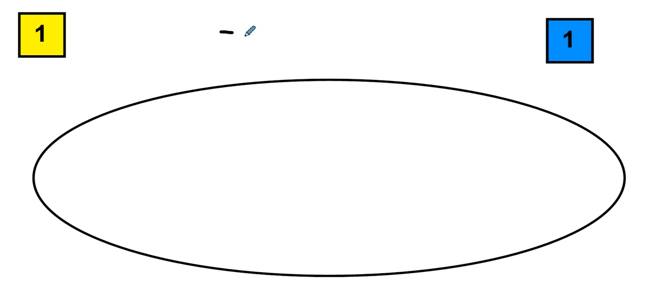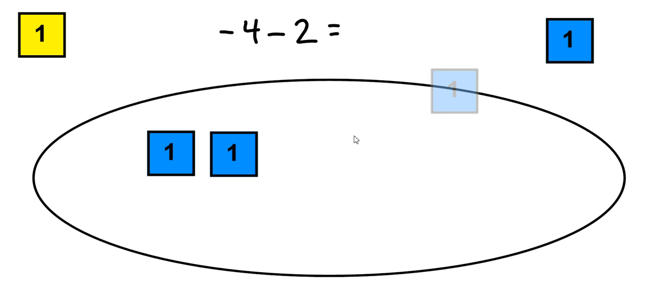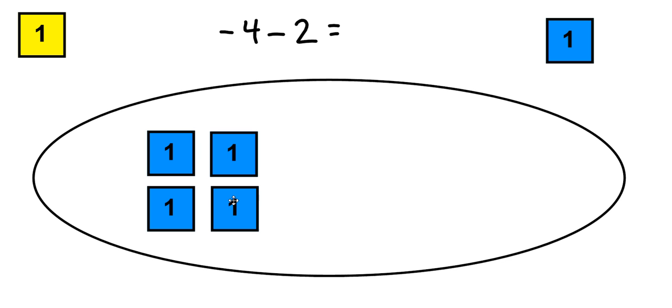What happens if it's negative 4 minus positive 2? Well, negative 4's in the play area, and we have to take away 2 yellow chips. But we can't take away 2 yellow chips because there aren't 2 yellow chips in the play area.